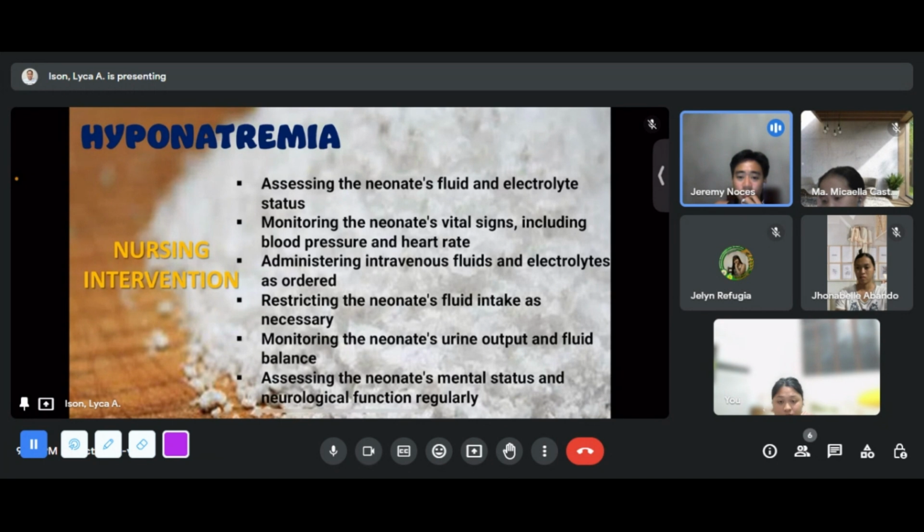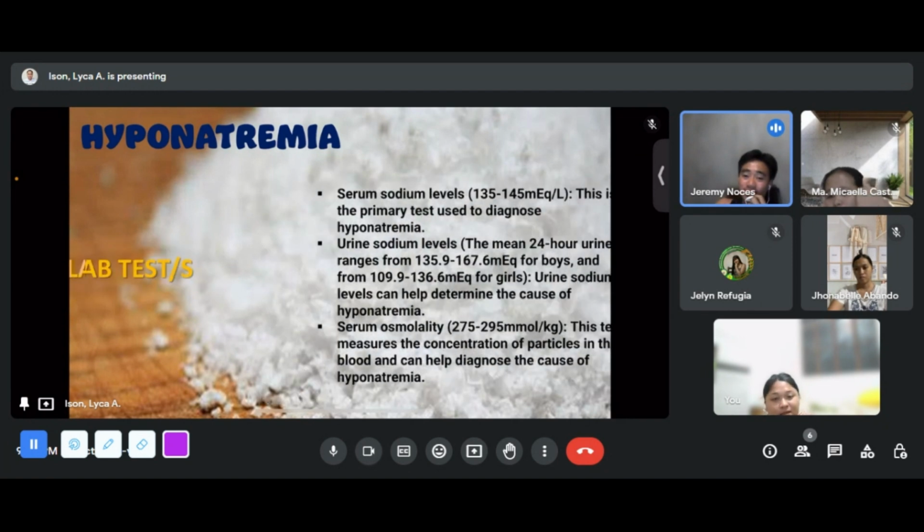So mapapansin natin sa nursing interventions ng both sa hypernatremia and hyponatremia, mas nagfo-focus sila sa excretions of fluids, 'di ba? Kasi nga, yun. Gets nyo naman, 'di ba? So, yun, nagfo-focus sila sa more on fluid excretion ng isang tao.